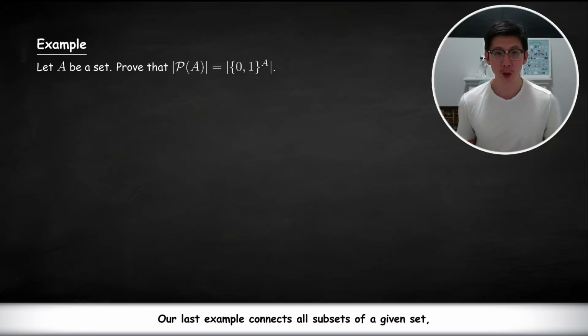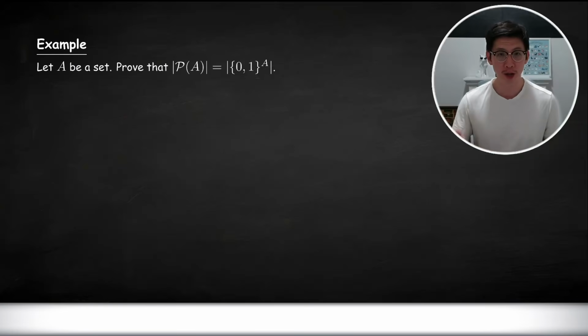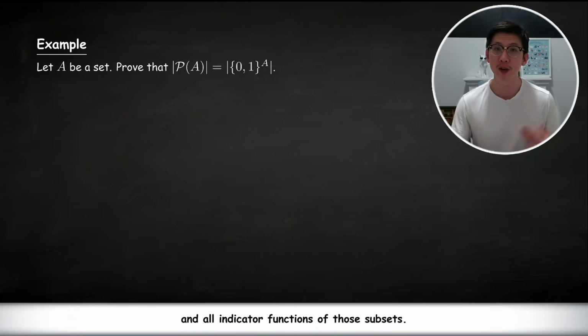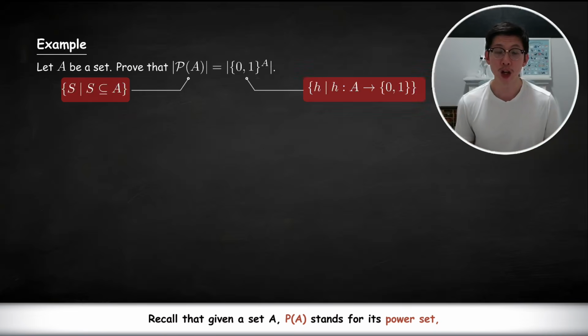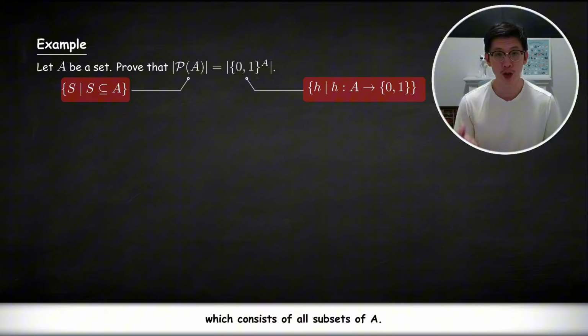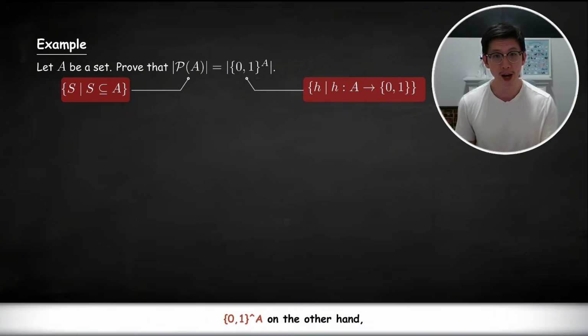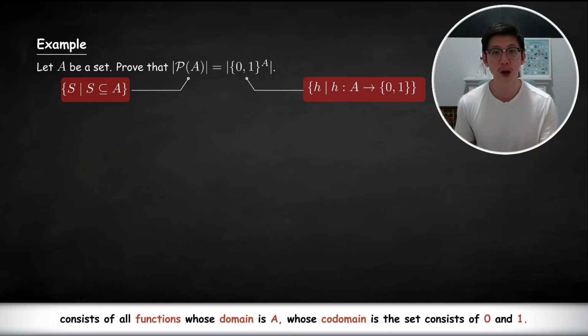Our last example connects all subsets of a given set and all indicator functions of those subsets. Recall that given a set A, P(A) stands for its power set, which consists of all subsets of A. {0,1}^A, on the other hand, consists of all functions whose domain is A, whose codomain is the set consisting of 0 and 1.